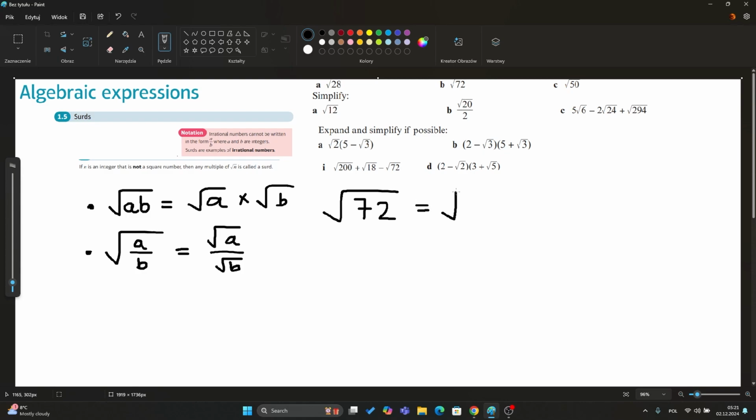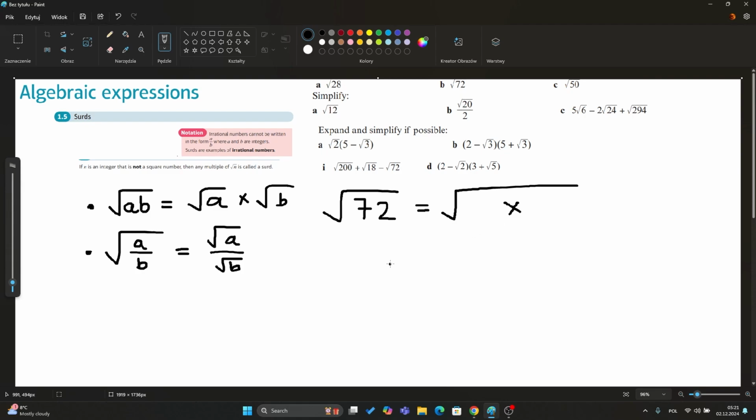Now the square root of 72. Here I need to find the largest square number that is a multiple of another number to get 72.